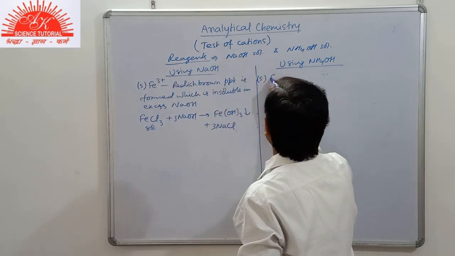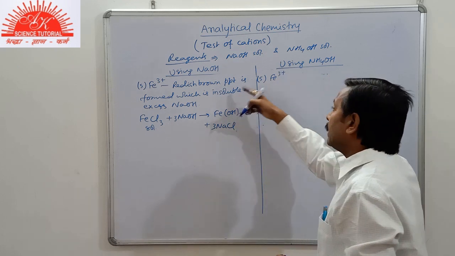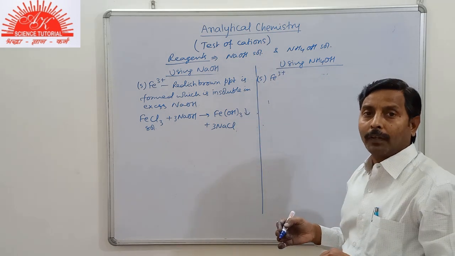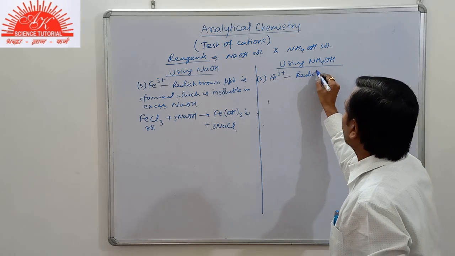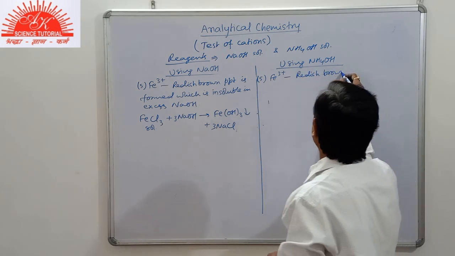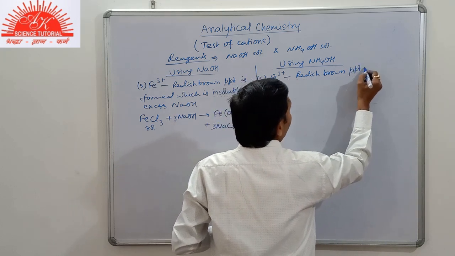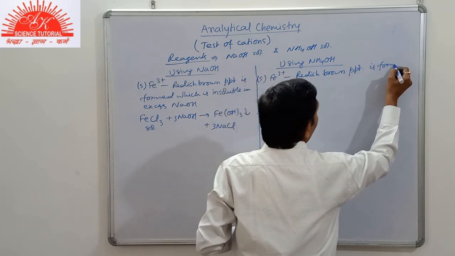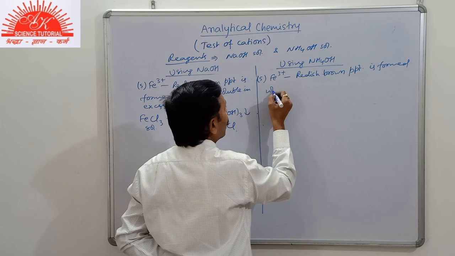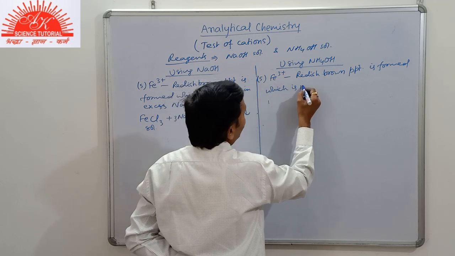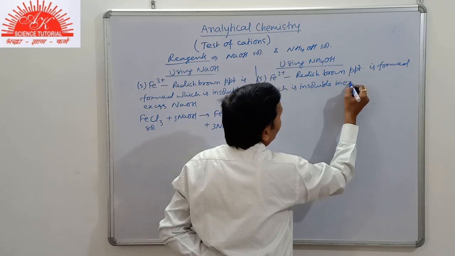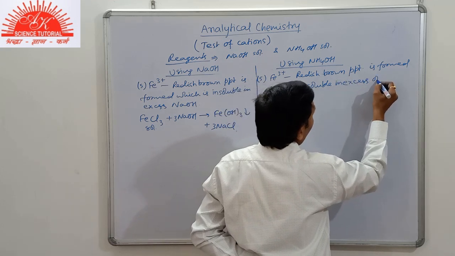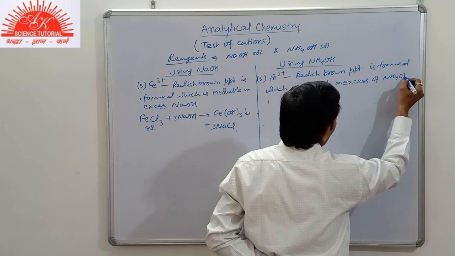Now Fe3+. In this case again you will have the same observation, that is a reddish brown precipitate is formed which is insoluble in excess of NH4OH.